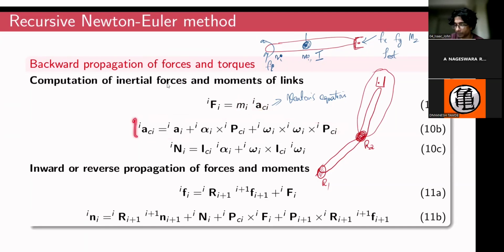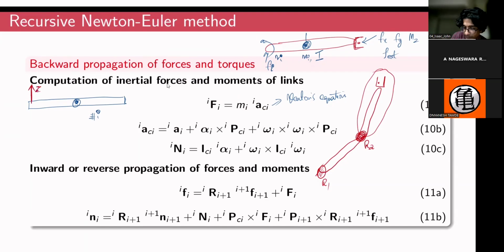This is also a propagation equation, not necessarily a propagation. For example, if you have a rigid body, something like this, and if this is the location of the center of gravity, somewhere close to the center, I label this as rigid body i. And as per the DH convention, you will have a frame of reference attached to the proximal end.